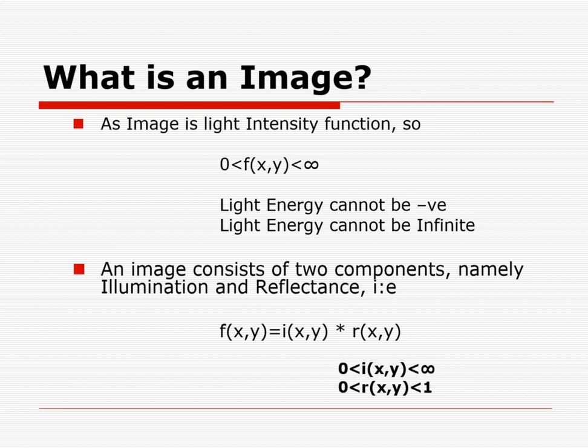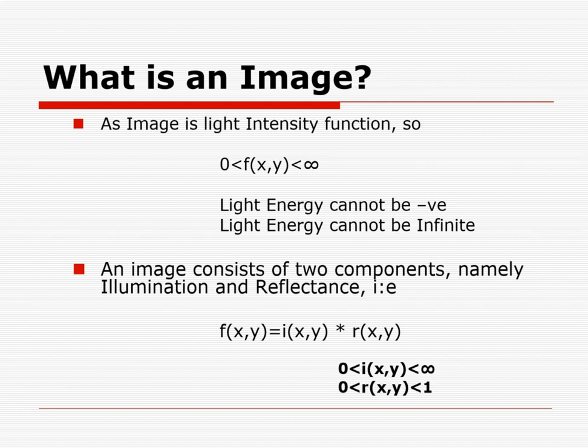Moreover, image formation depends upon two different factors, and this includes illumination, that is light, and the property of the object. Illumination basically comes from the light source. We might refer to the sun, a tube light, maybe a lightning bulb, whatever.